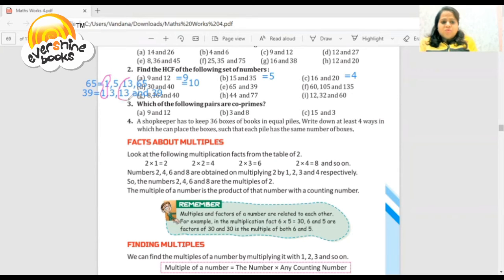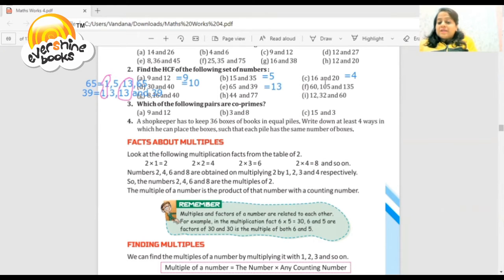Both are common factors. So which is the greatest number among the common factors? Number 13. So the HCF, the highest common factor, is 13. That is your answer. So write your answer here: 13.